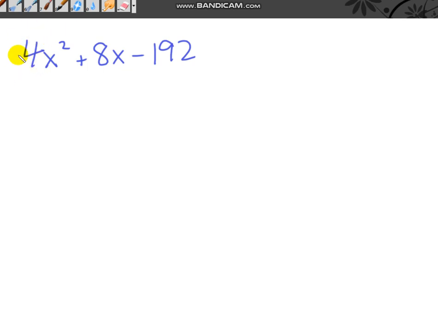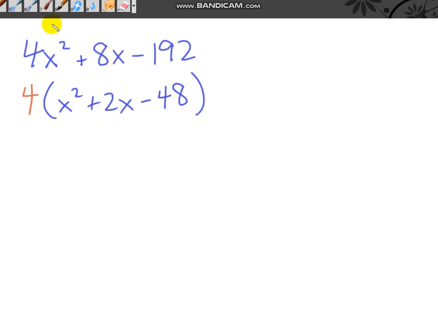So in this case, we have a 4 in front here. We're going to pull out that 4. So this is 4 times x squared, 8x divided by 4 is going to be 2x, and negative 192 divided by 4 is going to be a negative 48.